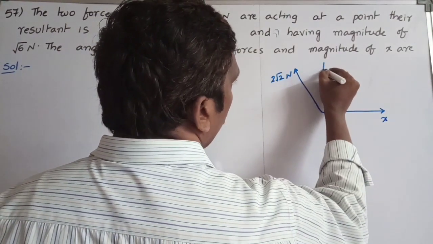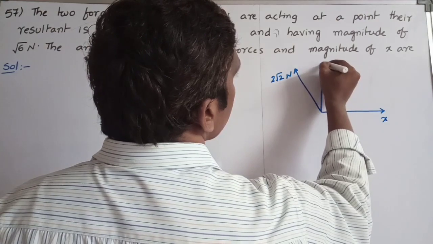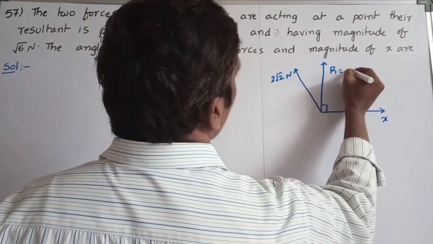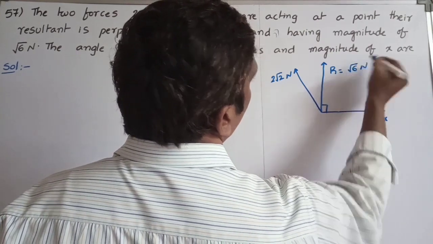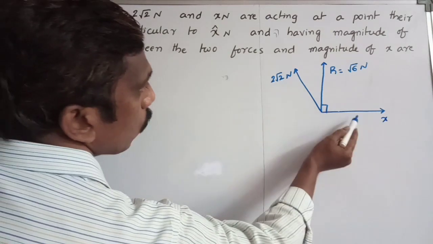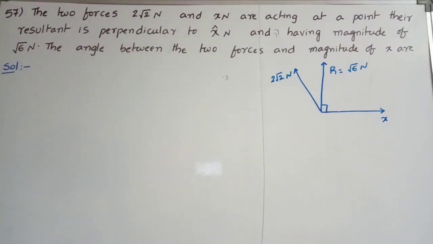The resultant making an angle 90 degrees with x, and its magnitude is equal to root 6 Newton. Then we have to calculate the angle between these two vectors and x value.